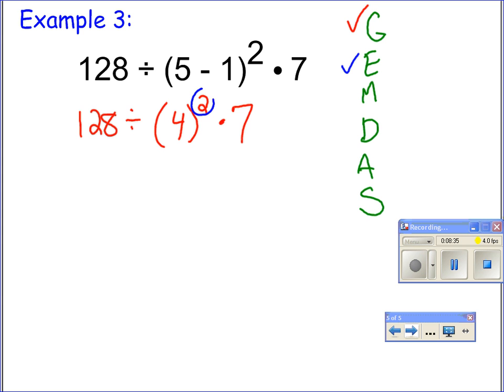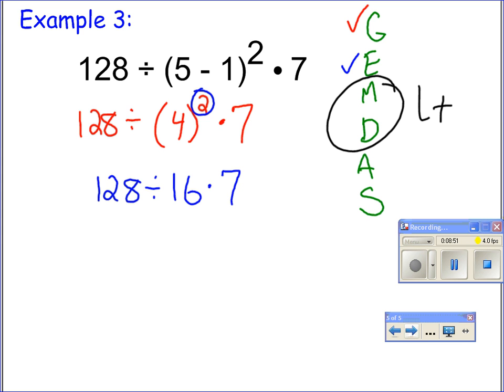So here was our exponent. I'm going to rewrite the 128 divided by 4 times 4 is 16, all times 7. Again, just like in the previous 2 examples, we are left with just multiplication and division, which we are to calculate in order from left to right. 128 divided by 16 is 8.